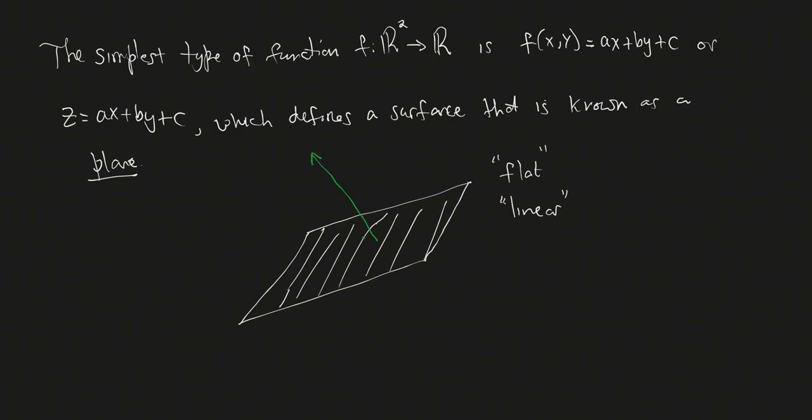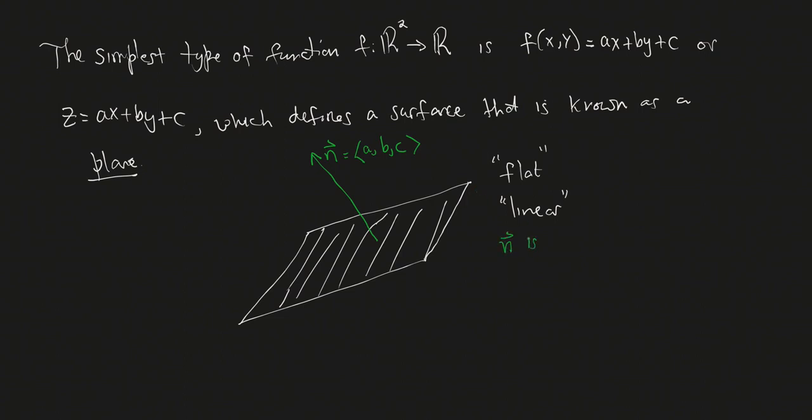Of those three synonyms, we're going to stick with the word normal, so I'm going to use n here. It's a vector that has an initial point somewhere in the plane, and then obviously some terminal point here. Let's say we have the component form A, B, C. And in fact, n is called the normal vector.